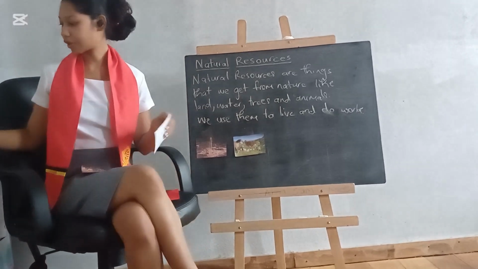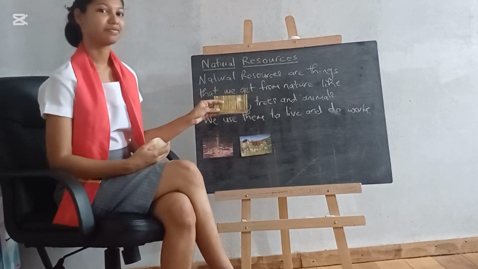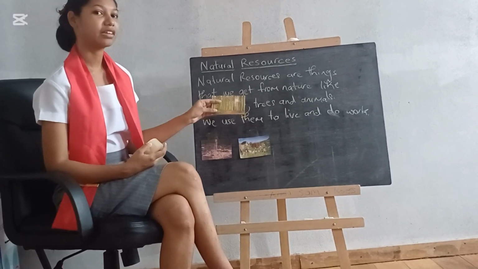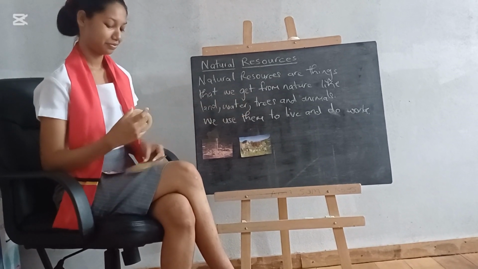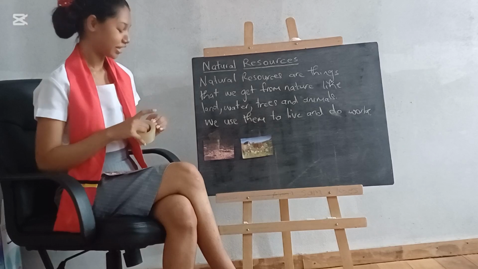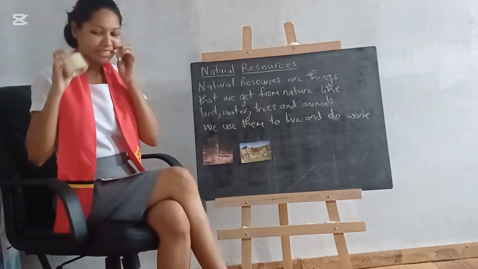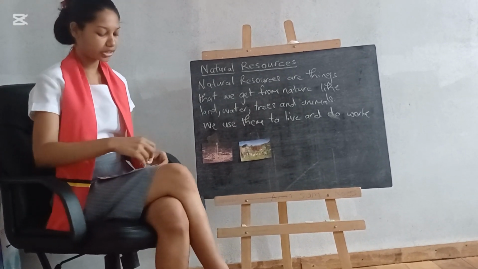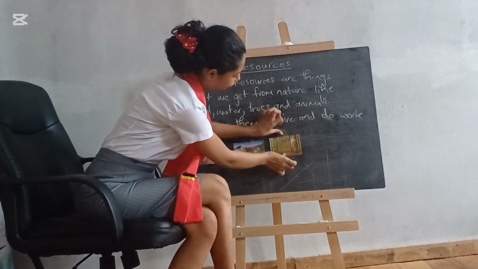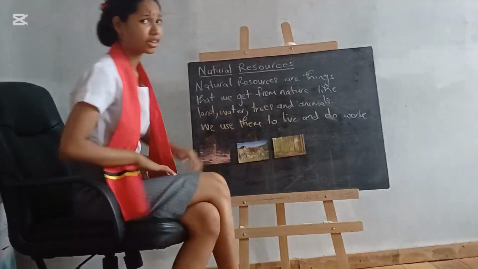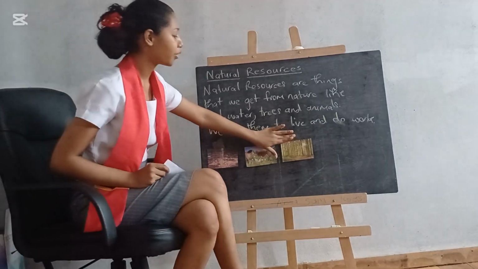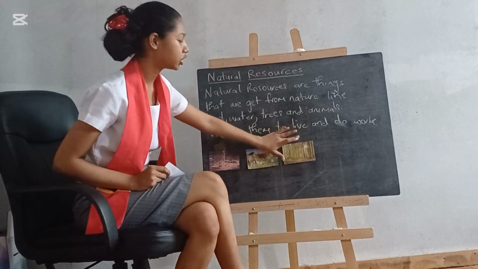Here's the big one. What does this look like? Forests and trees. And what do we use forests and trees for? That is correct. We use this for wood, we use it for shelter.